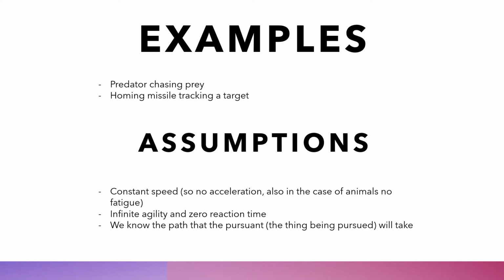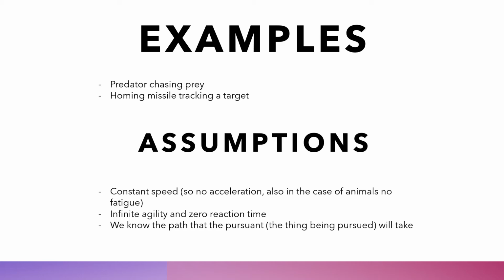There are quite a few assumptions that we make, especially in the lower level, easier way of thinking about these pursuit curves. The first one is that everything's moving at a constant speed, so we have no acceleration. In the case of animals, we're not going to factor in fatigue for now.